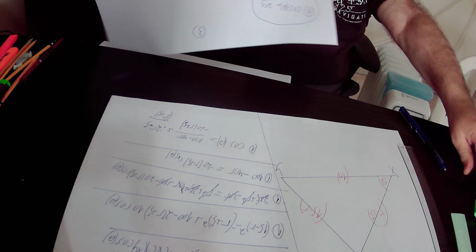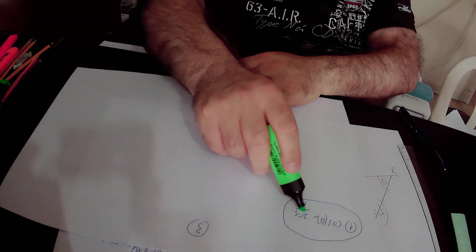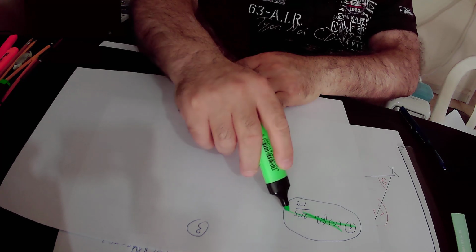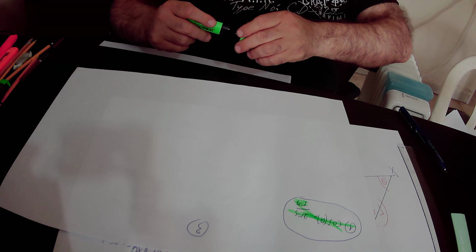I'll repeat again: cosine theta equals 2r minus 5 over r plus 5.